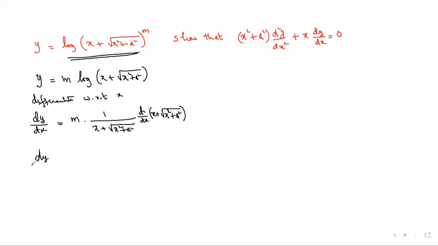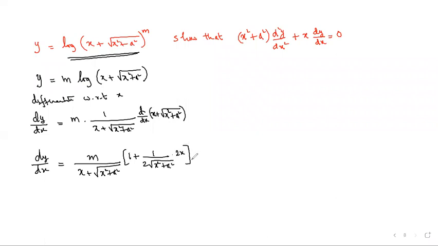So dy by dx will be m upon x plus root of x square plus a square. When you differentiate this x, it becomes 1. When you differentiate this root, 1 by 2 root x square plus a square into 2x.